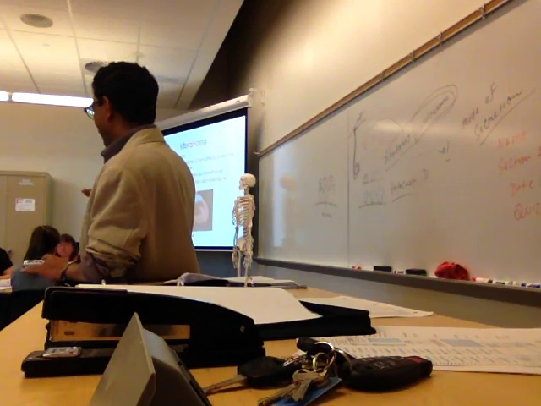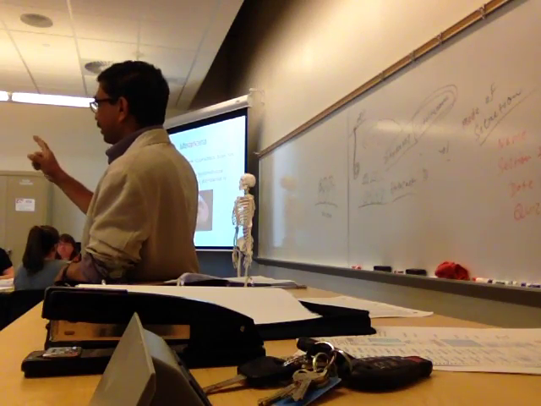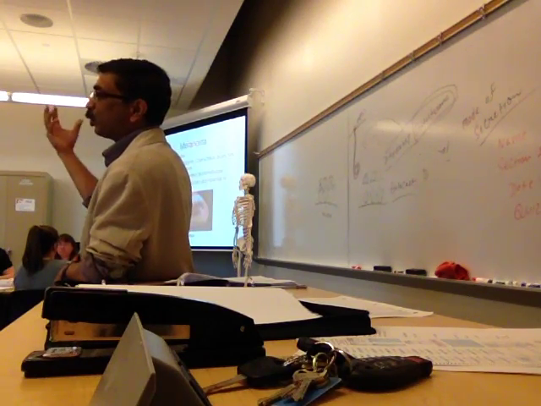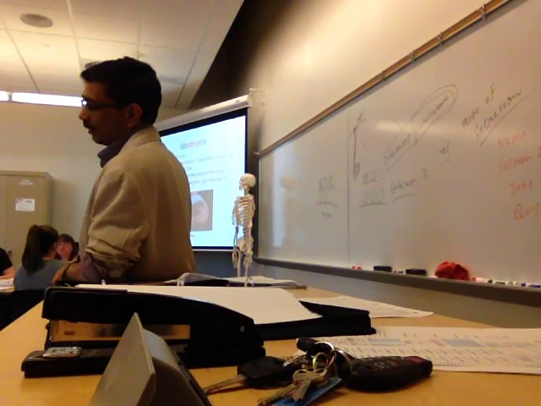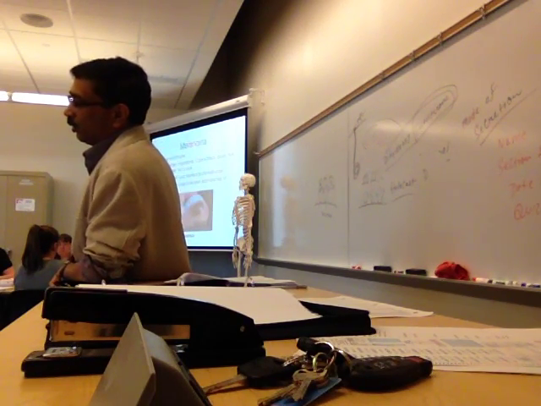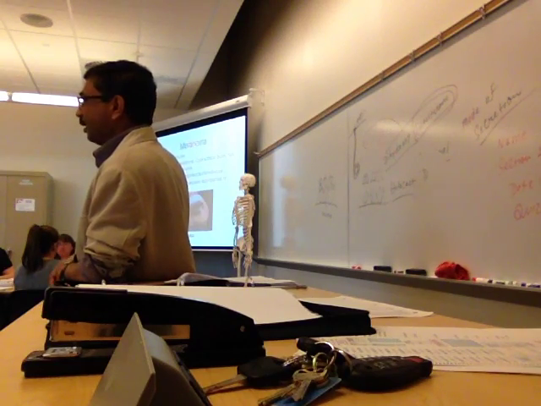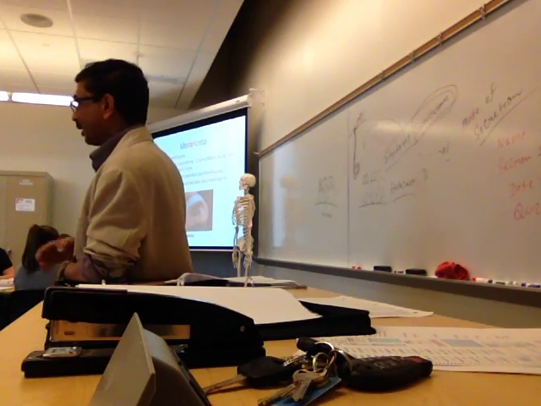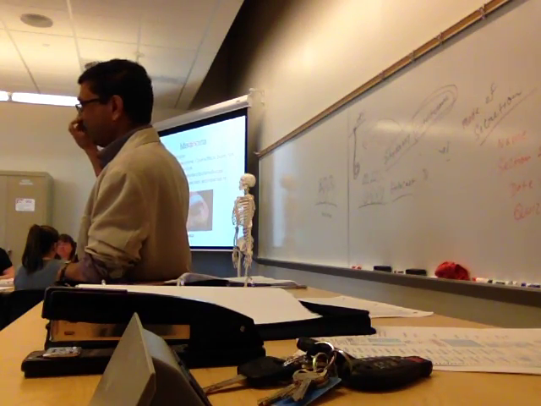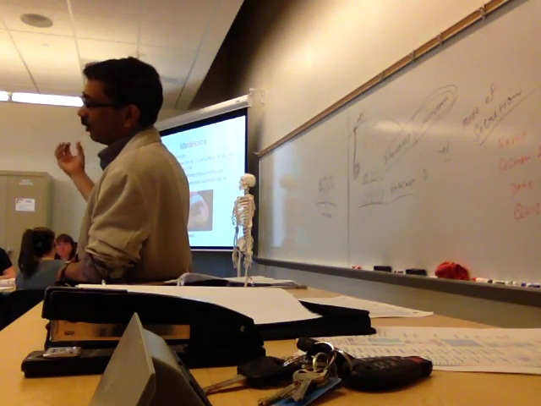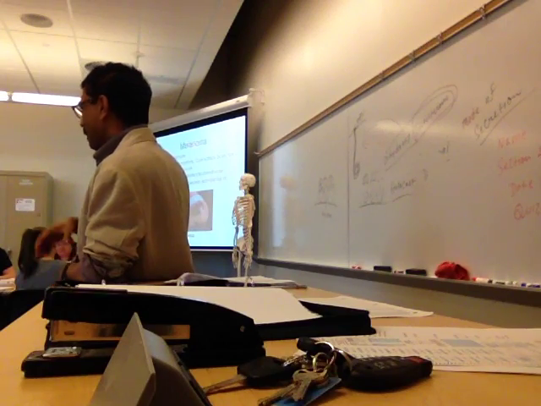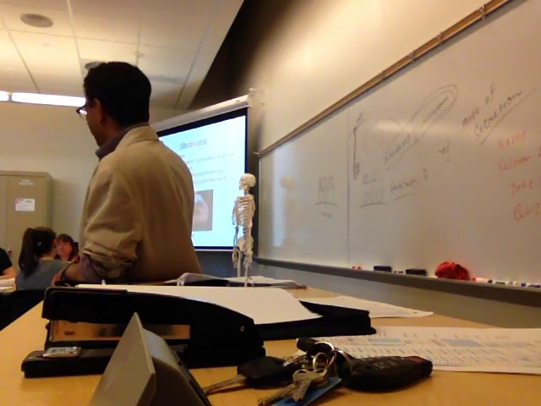That is normal. But when the cells start to multiply uncontrolled, that is cancer. Okay? So in melanoma, the melanocytes, those cells that produce the brown to dark pigment, start to multiply abnormally and produce melanoma.